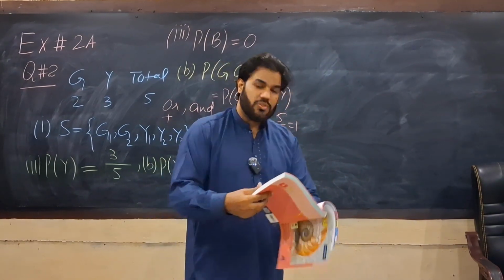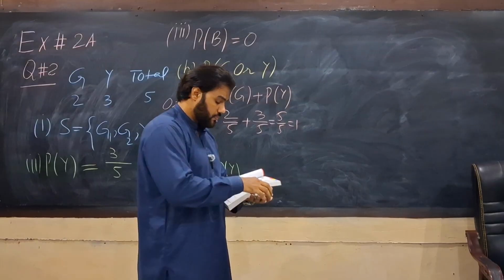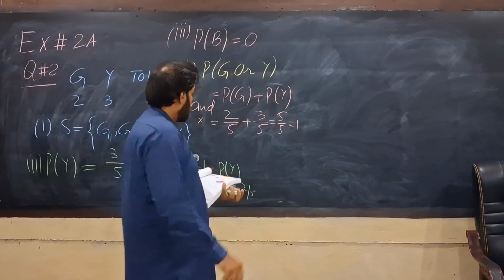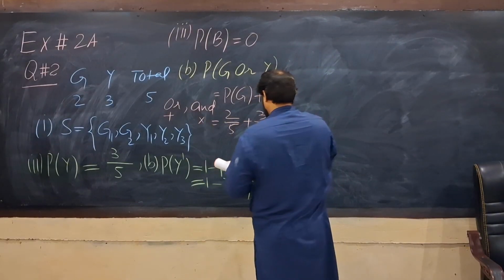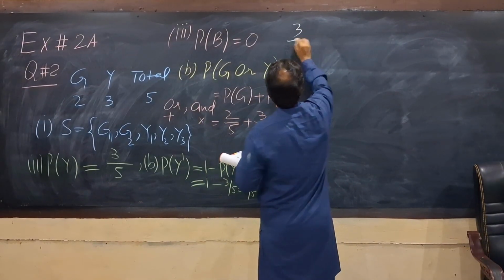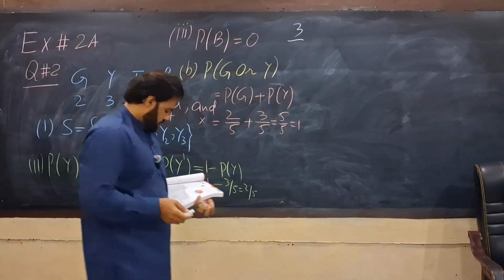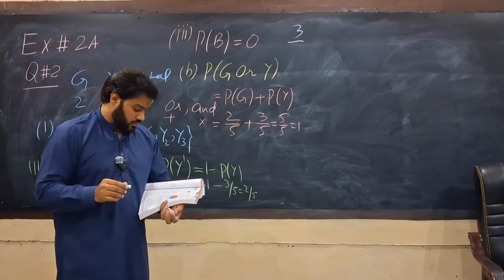Okay. The next one, question number 3, is also interesting, and this type of question is also asked in your final exam. I am sharing question number 3. You read this question.